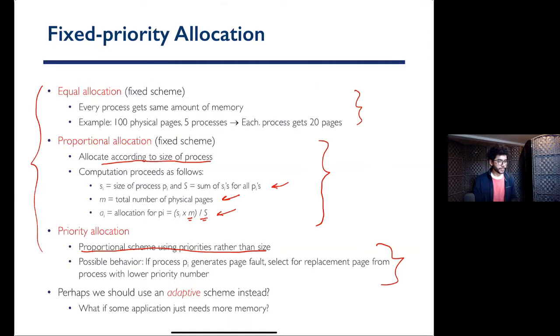So let me go back. We have two classes of allocations: static and dynamic. I think the words that I have used here are fixed or adaptive.